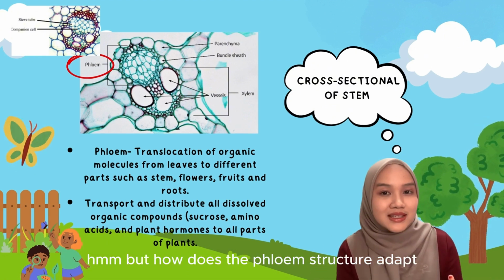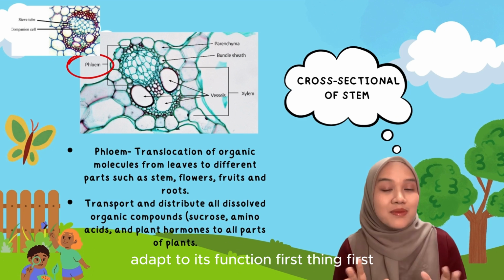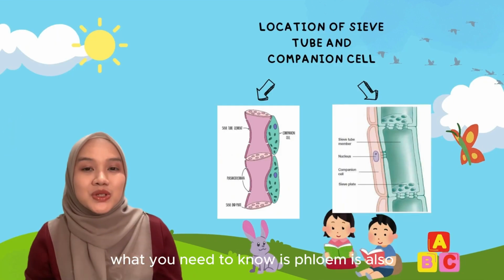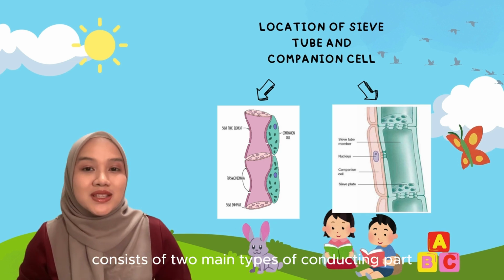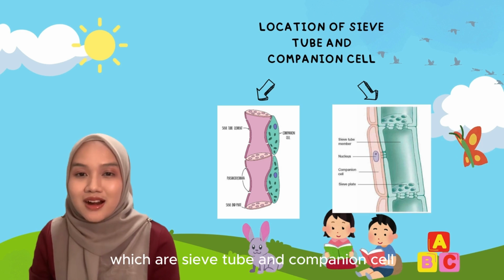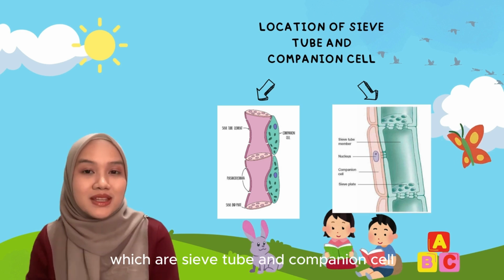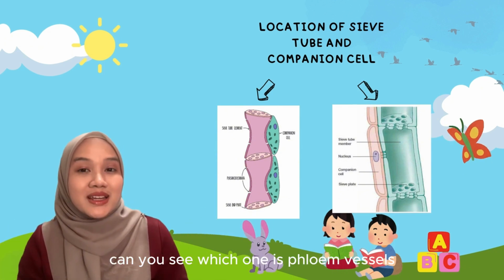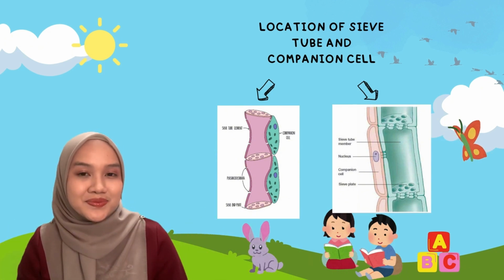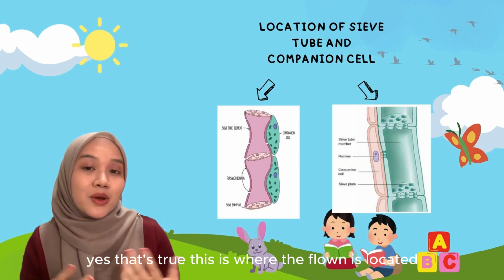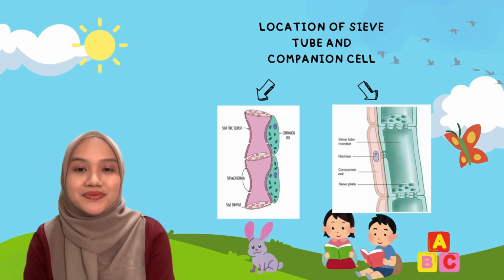But how does the structure of phloem adapt to its function? First thing first, what you need to know is phloem also consists of two main types of conducting parts, which are sieve tube and companion cell. Can you see which one is phloem vessels? Yes, that's true. This is where the phloem is located.